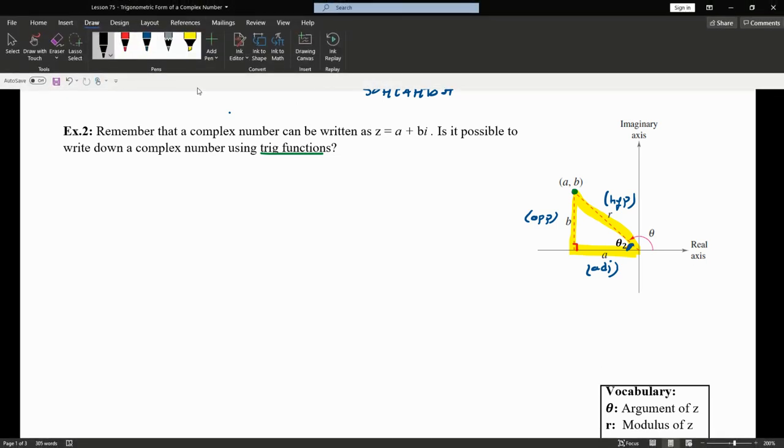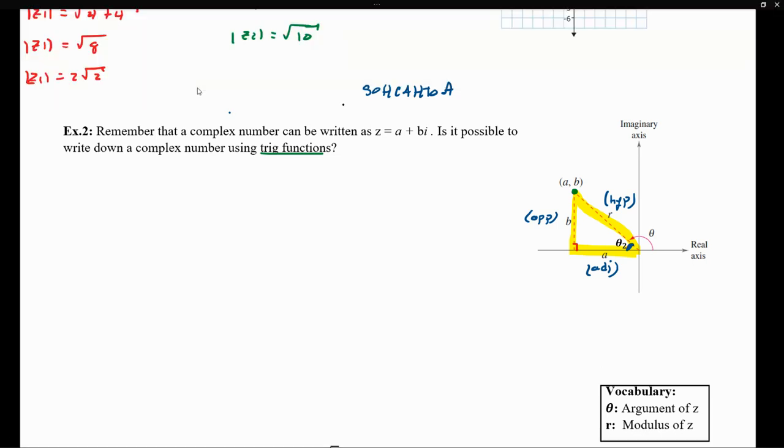Let's try to find the sine of this angle. Well, the sine of theta 2 will be opposite over hypotenuse. But notice that my opposite is going to be b, and my hypotenuse is r.